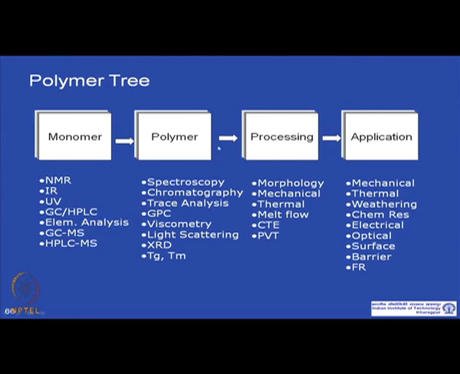As a polymer chemist, you probably do not have to do the processing part or the characterization part, but you must know the techniques by which the processing is done, the different properties, and importantly the structure property relationship between the property and the chemical structure. Unless you know the structure property relationship which will enable the polymer to be at the final application, you cannot design new polymers.